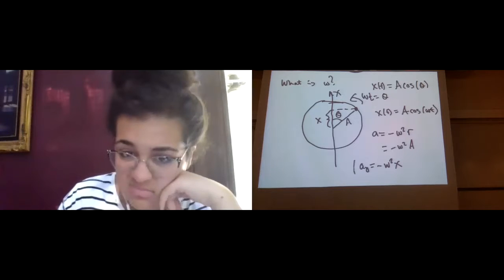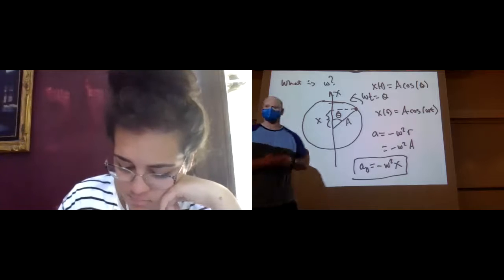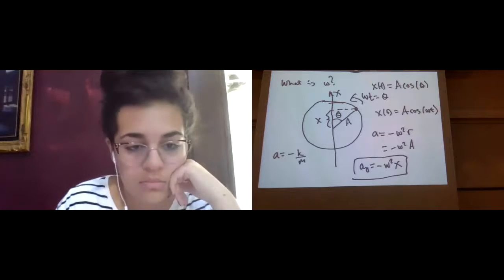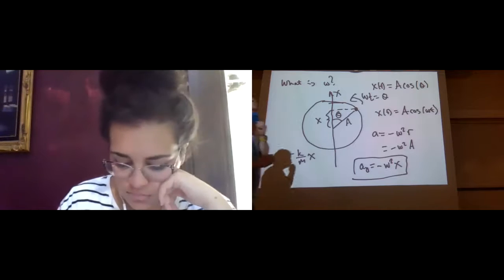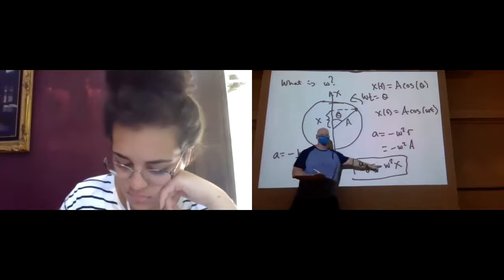Notice this acceleration, which is the y portion of the acceleration for uniform circular motion, is exactly the same acceleration we wrote down for harmonic oscillation, except that instead of having a k over m, I have an omega squared.